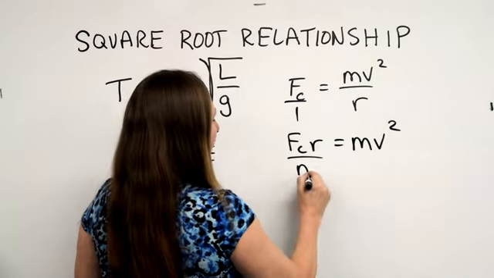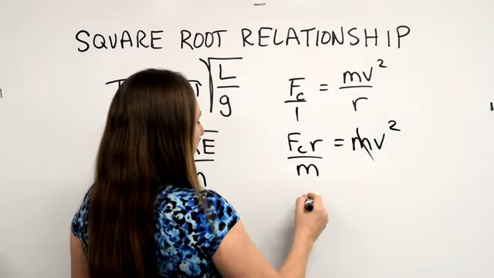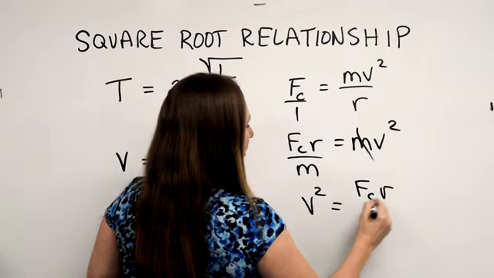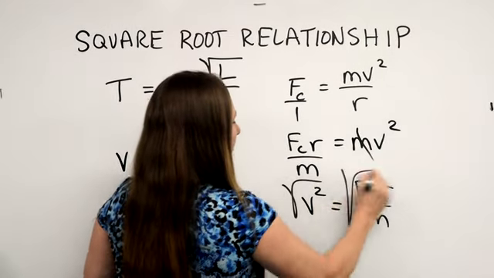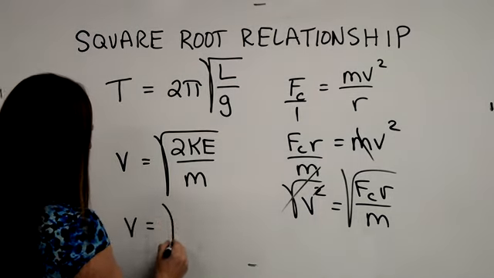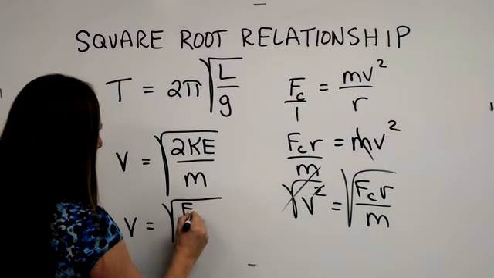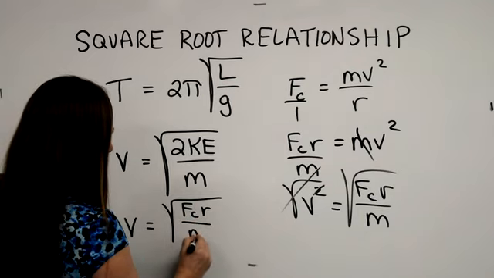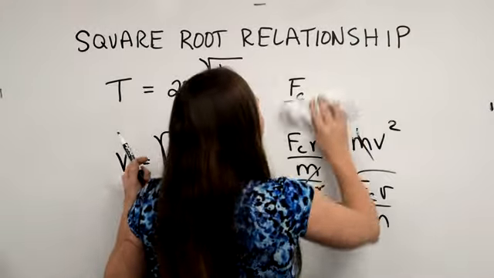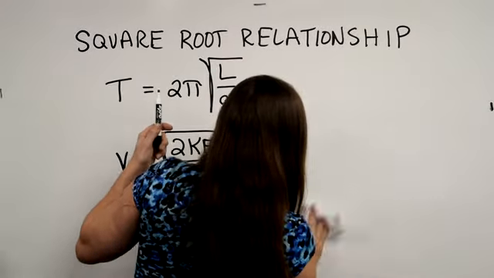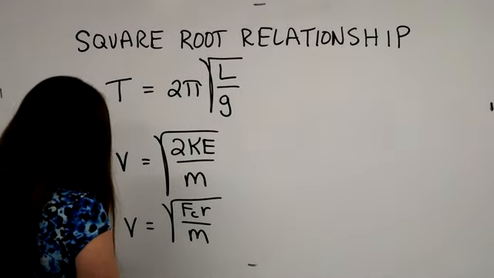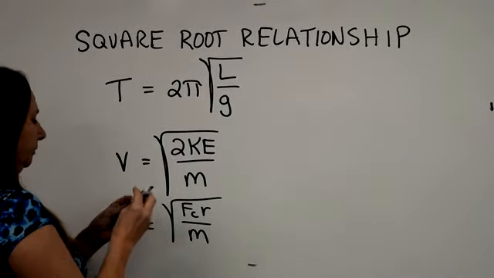Divide by m, and then flip it around: v squared equals FcR over m. Take the square root of both sides, bam, bam. So v is also equal to the square root of FcR over m. So we have a nice, simple square root relationship.